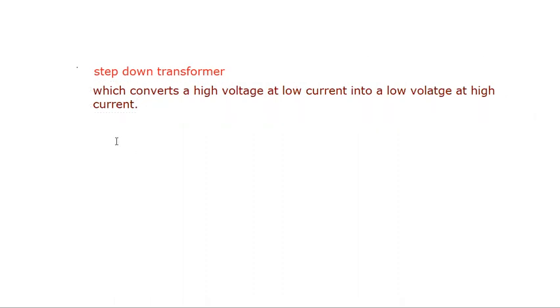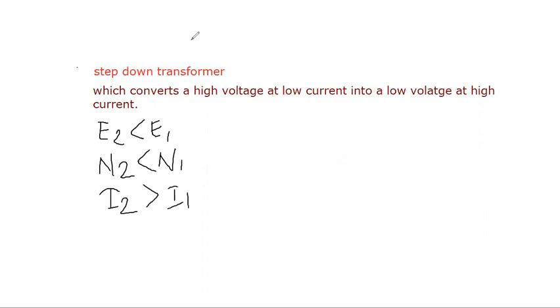In this case, our E2 is less than E1 because our N2 is less than N1. That means our I2 is greater than I1. The primary coil is made up of thin insulated wire, and the secondary coil here is made up of thick wire so that it can sustain a very high amount of current. That is what we need to understand with regard to step-down transformers.